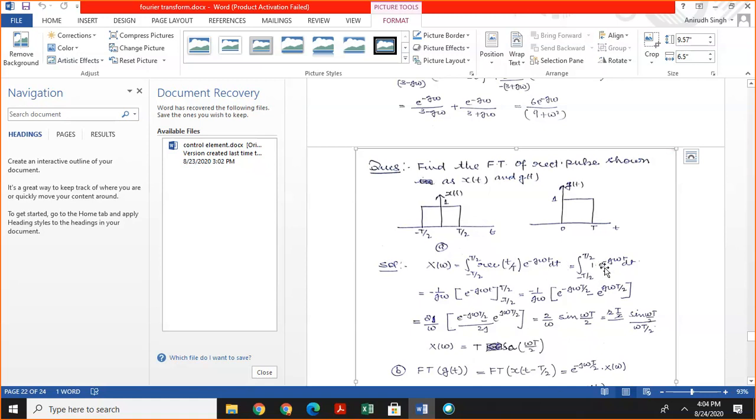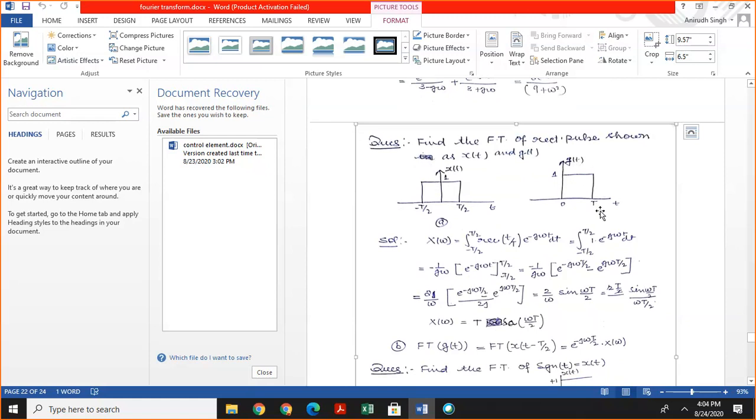So here we get 1, and if we integrate and substitute the limits, we get 2 by omega sine omega T by 2, and rearranging we get T multiplied by sine omega T by 2 divided by omega T by 2, and this is the sampling function. So the Fourier transform of this function is equal to T sample of omega T by 2.